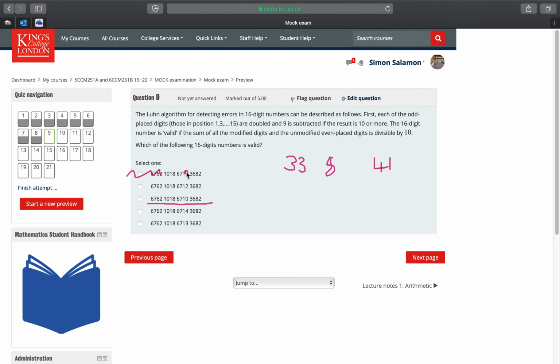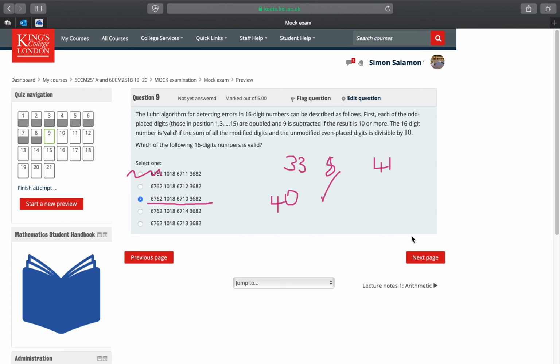So by reducing that 1 to 0, this would become 40 mod 10. Remember, I've reduced some 10s already, so the sum isn't 40, but it's 40 mod 10, so that's okay. So the correct answer is this middle one. And you see, I didn't have to check them all. That's a valid credit card number.